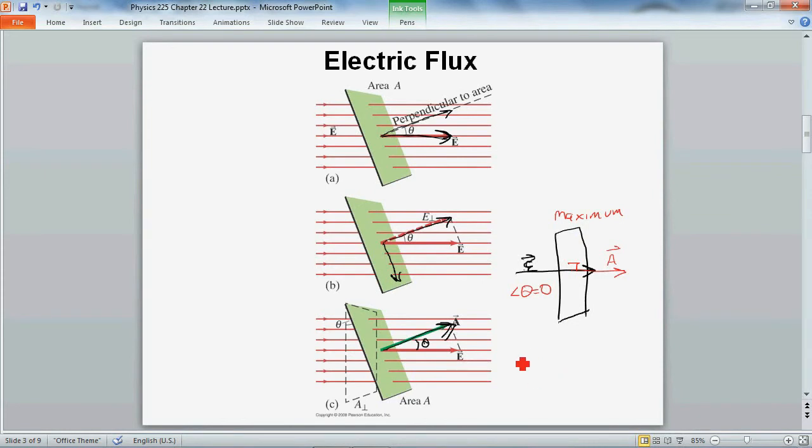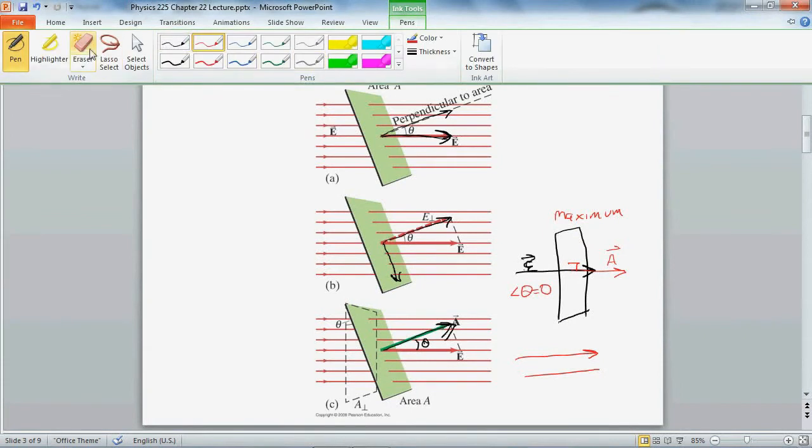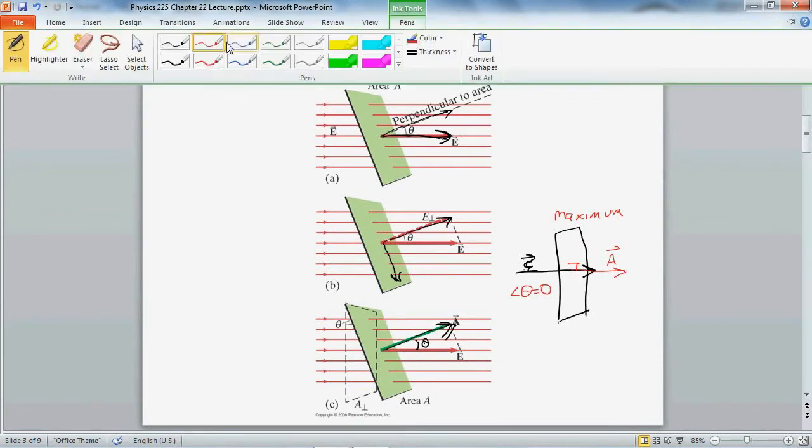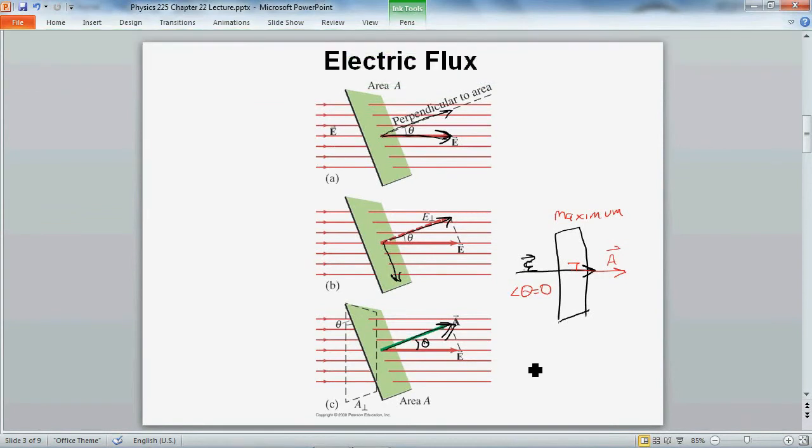Now, the other situation is if I have an electric field and the plane is below. Let me redraw that. So I want to keep my colors straight here. I have the electric field, and I have the plane sitting parallel to the electric field.